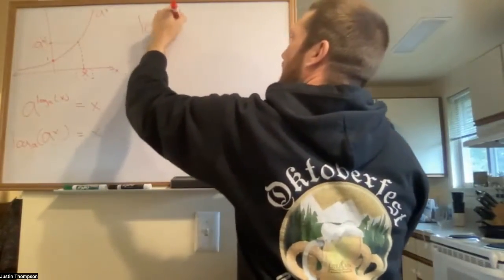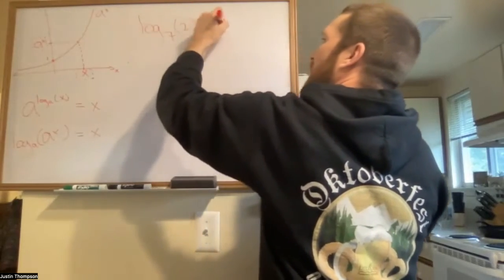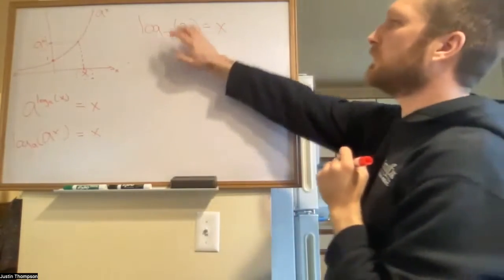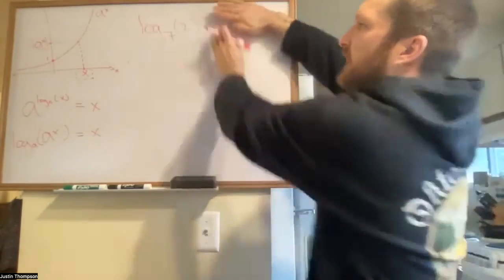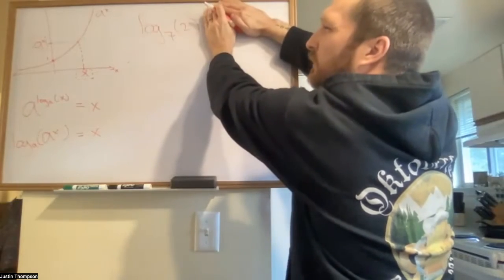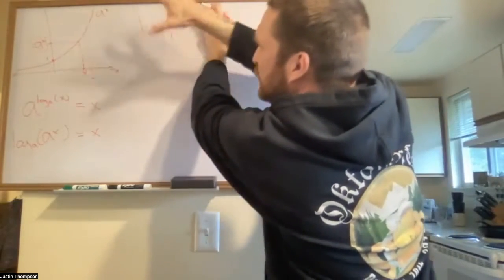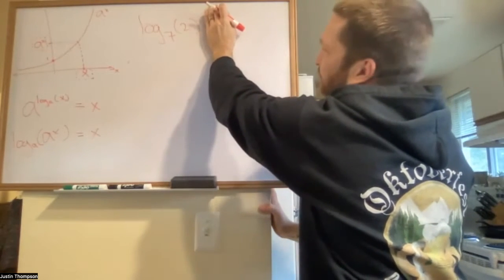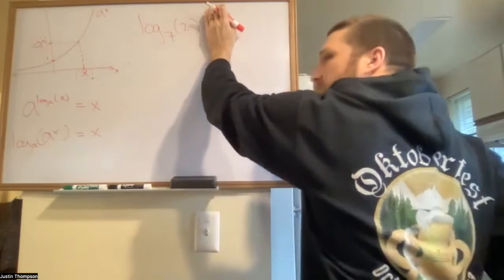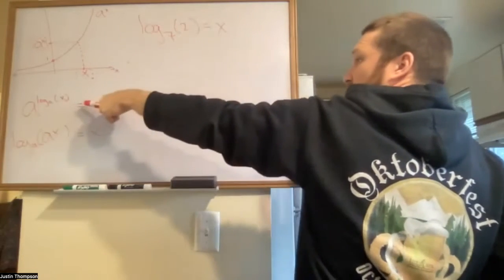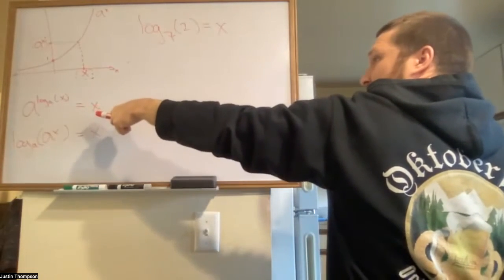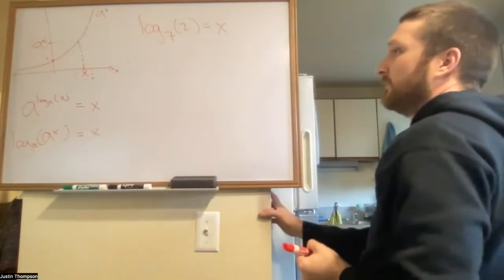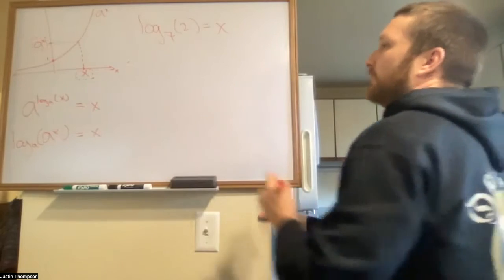Okay, so real quick, the x is not always going to show up on the inside. Sometimes it'll be something like this: log base 7 of 2 equals x. How do we undo log of something? For your homework, you're only going to be looking at how do I undo this thing? How do you undo log base 7? So you have 7 to the log base 7.